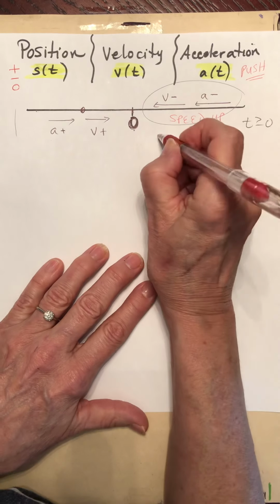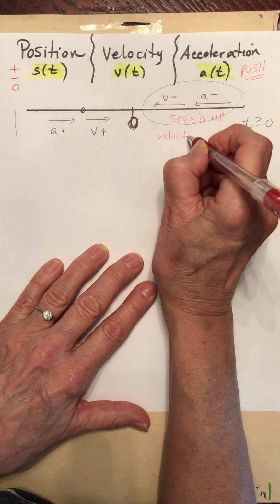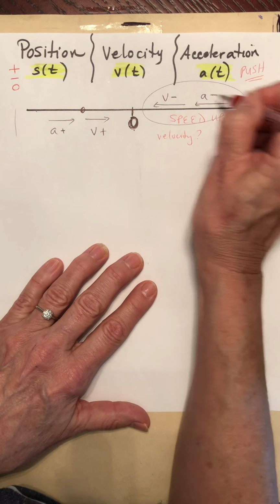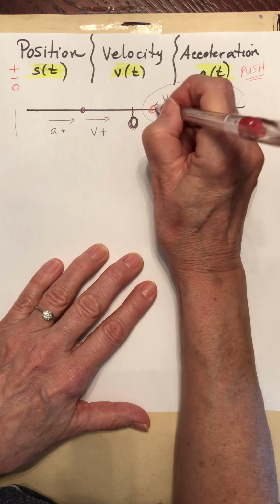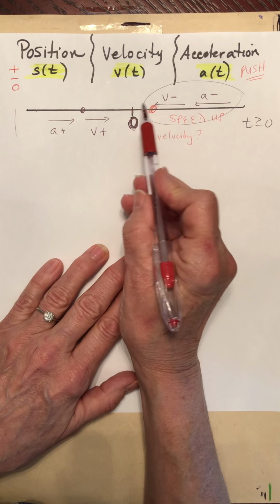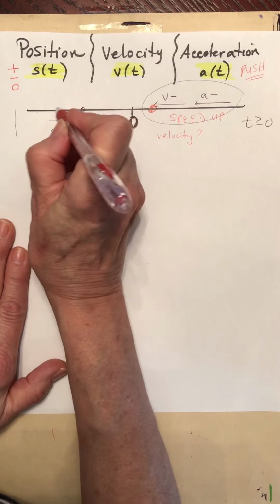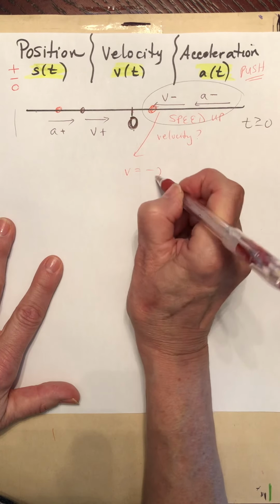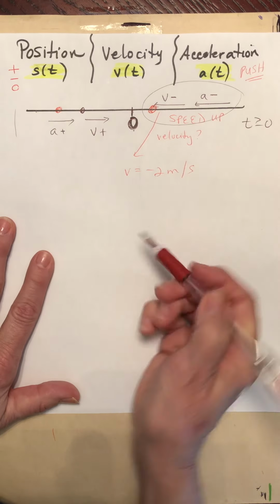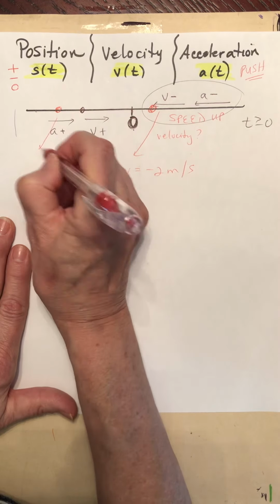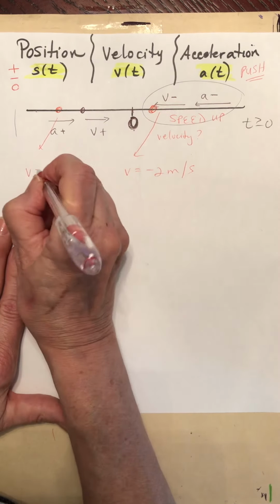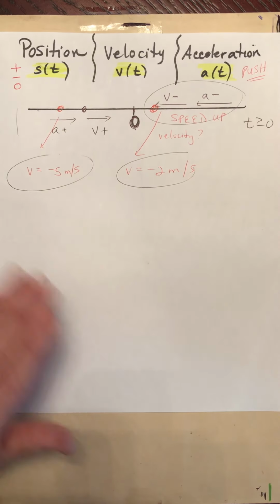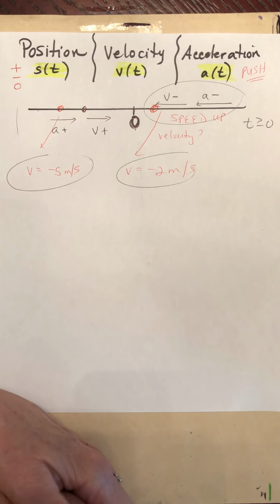Okay, but if somebody asked me, what happened to the velocity? So let's say originally I'm right here. Okay, so I'm moving to the left. I had a push to the left, so eventually I'm right here. Let's say my original velocity was negative 2 meters per second. Because of that push, maybe by the time I've made it over here, my velocity is now negative 5 meters per second. And now I'm being asked, did my velocity increase or decrease? Well, velocity has direction.